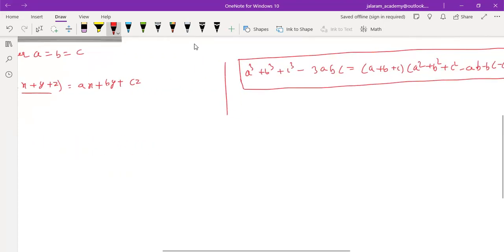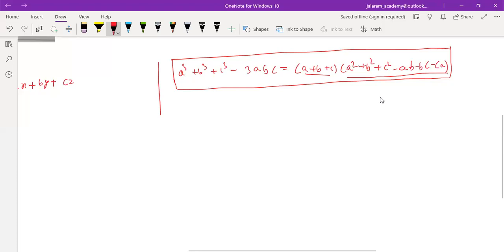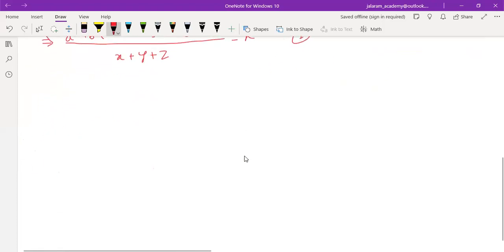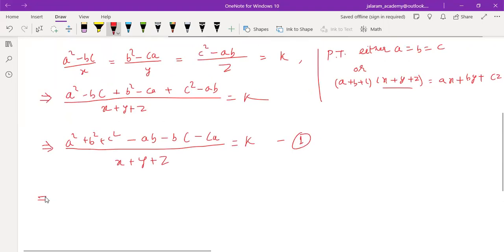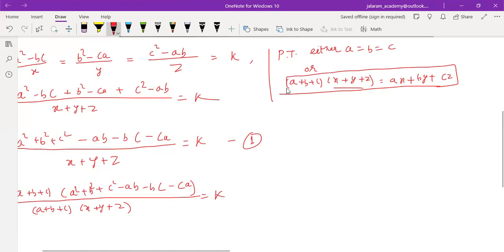So to bring that formula, a cube plus b cube plus c cube minus 3abc equals a plus b plus c into a square plus b square plus c square minus ab minus bc minus ca. If you multiply the numerator and denominator of this equation 1 with a plus b plus c, not only does it give the formula for a cube plus b cube plus c cube minus 3abc, but in the denominator it gives us a plus b plus c into x plus y plus z, which we have to bring into our proving also.